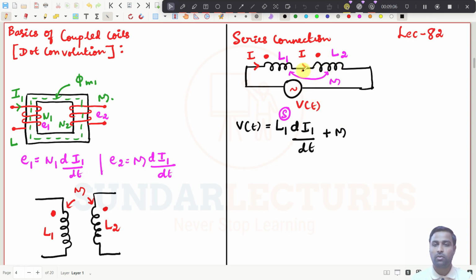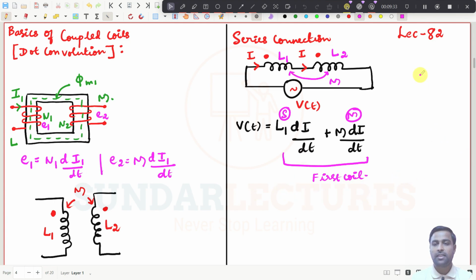It is di, not I1, sorry, I have made a mistake here. This is not I1 because it is I. So this is M di by dt. This is the mutually induced EMF. This is for the first coil.